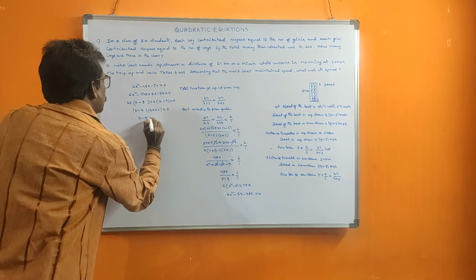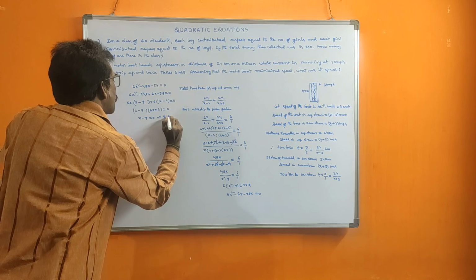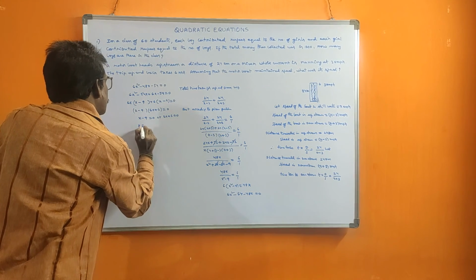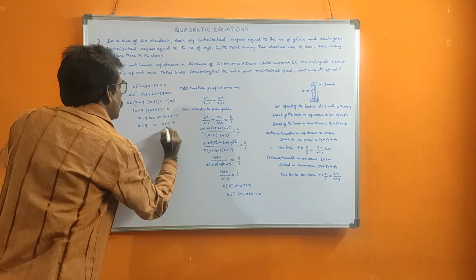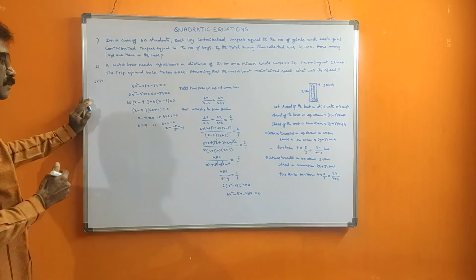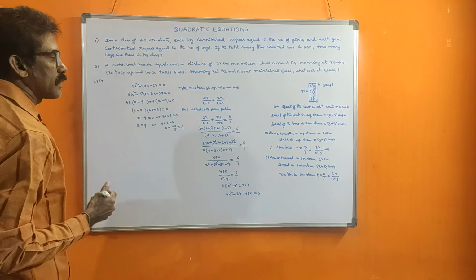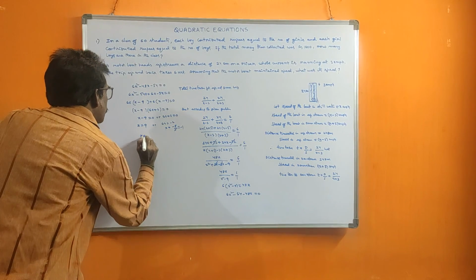So x minus 9 is equal to 0 or 6x plus 6 is equal to 0. From this x is equal to 9, or from this 6x is equal to minus 6, so x is equal to minus 6 by 6, minus 1. Minus 1 is not suitable because these are positive values. So x is equal to 9.